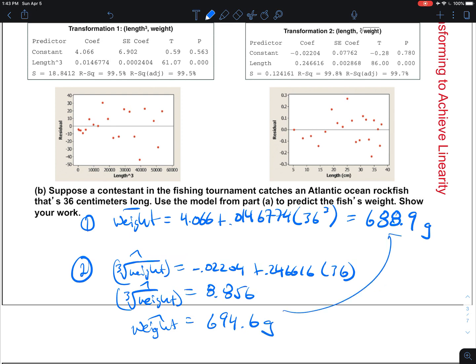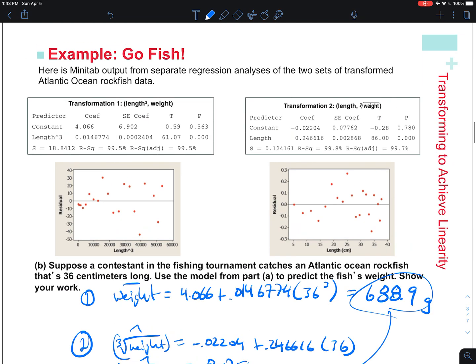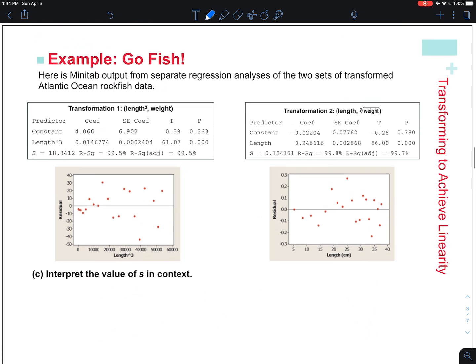So very close, these two answers. Again, there's going to be a little bit of flexibility based on the rounding and the limitations of what we're doing, but both are equally good predictions of the weight of a 36 centimeter long rockfish.